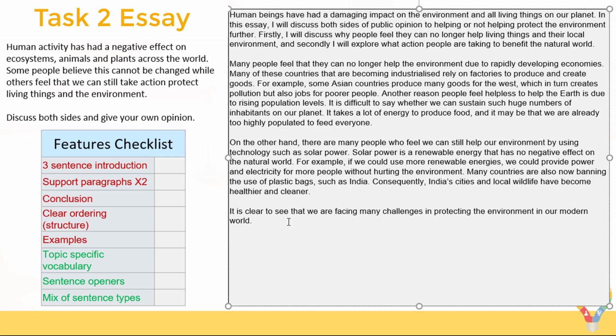And now I want to give my opinion, which is in support of this. In my opinion, and you can always begin your opinion sentence like this, In my opinion, comma, I feel very strongly about ensuring the safety and well-being of our planet.